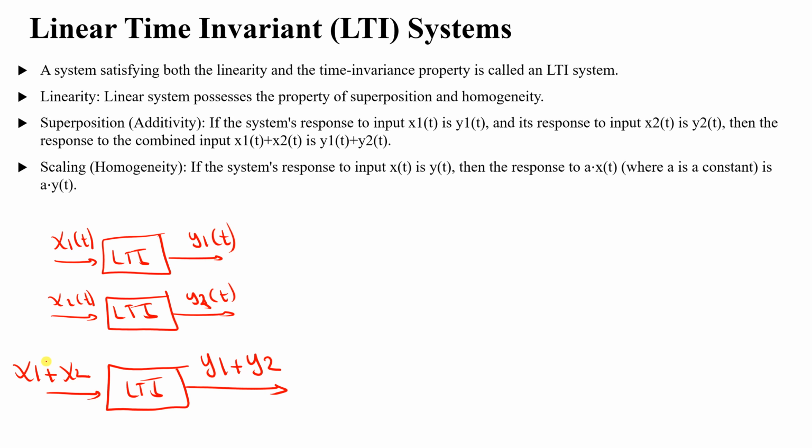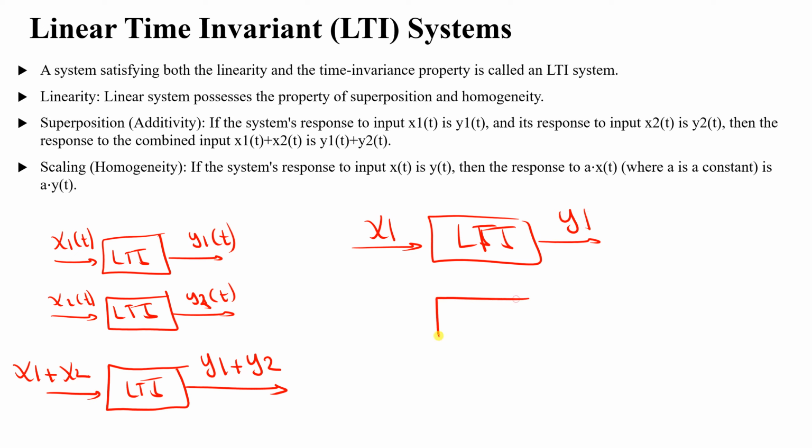The second one is scaling, or homogeneity, which says that if the system's response to an input x1 is y1, then a times x1 as an input gives us a times y1, the scaling factor. So for example, if you give the LTI an input of x1, the output will be y1.